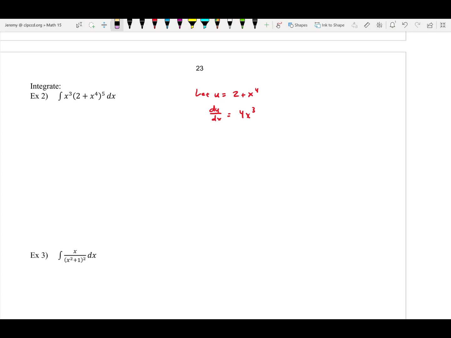So I'm going to solve for dx in this equation. I multiply both sides by dx, and then divide. So du is equal to 4x cubed times dx, and then divide both sides by 4x cubed. So I get du over 4x cubed is equal to dx.